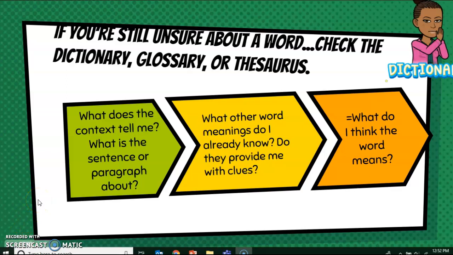What is the sentence or paragraph mostly about that the word is found in? Then you want to ask yourself, what other word meanings do I already know, and do they provide me any clues? And then that's when you're going to go ahead and arrive at what you think the word means. Okay?